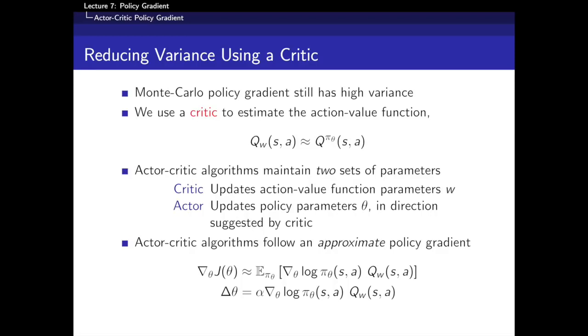And what we're going to do then is, at each step, we're just going to move a little bit, using stochastic gradient ascent. Every step, we're going to move a little bit in the direction of the score multiplied by a sample from our own function approximator. So the critic is saying, hey, I think this thing is good, or I think this thing is bad, and then we move a little bit in the direction that gets more or less of the things that the critic says are good or bad. Okay?